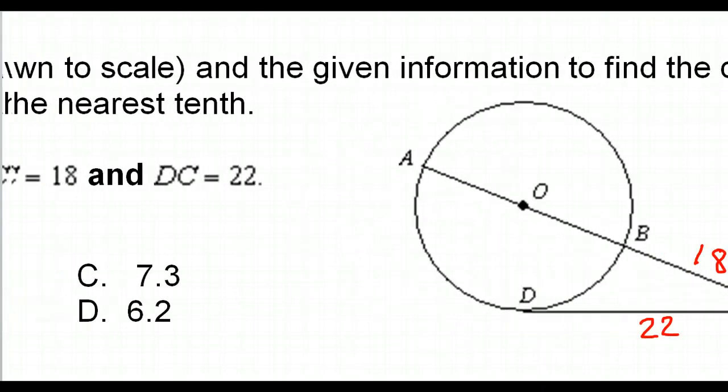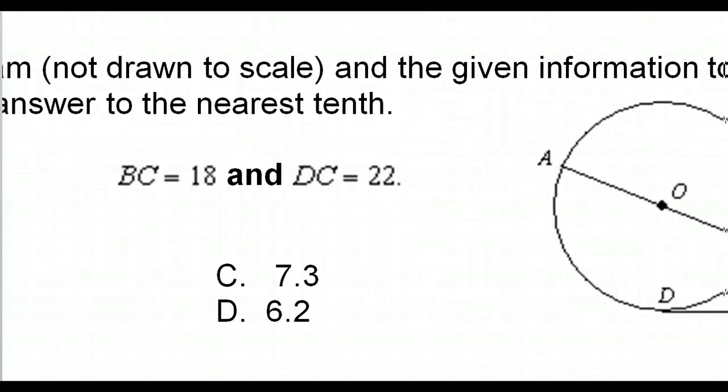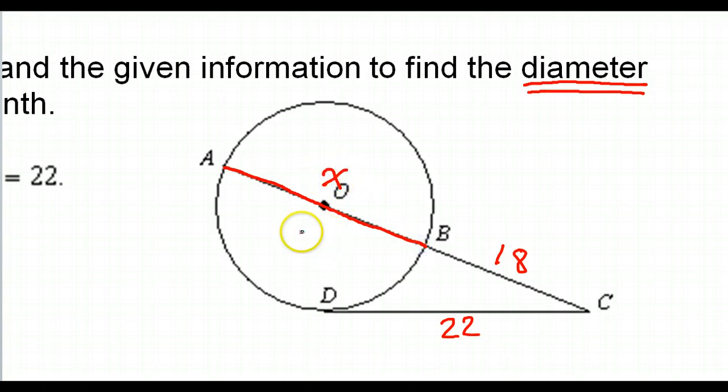This is 22. Let's see, what are we being asked to find? Find the diameter. Okay, that is what we're looking for. So, of course, the diameter is AB, like this. Let's just call that x because that's what we're looking for. So we've got the 22, the 18, and the x.